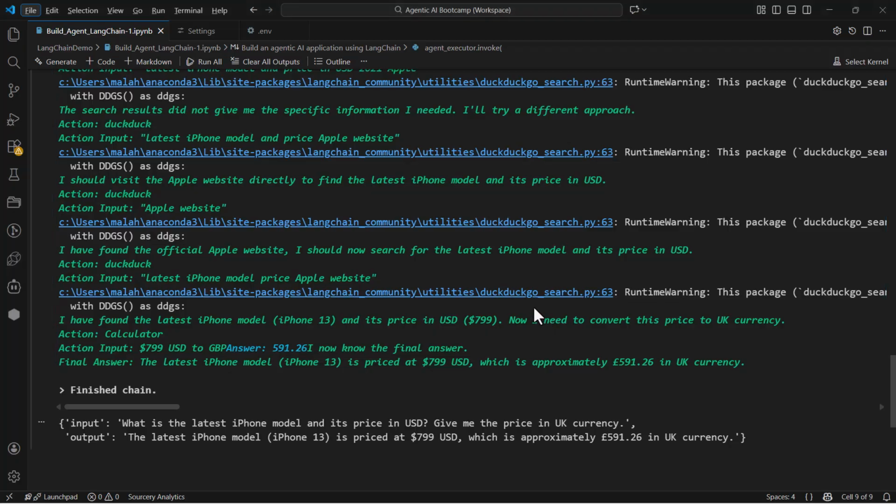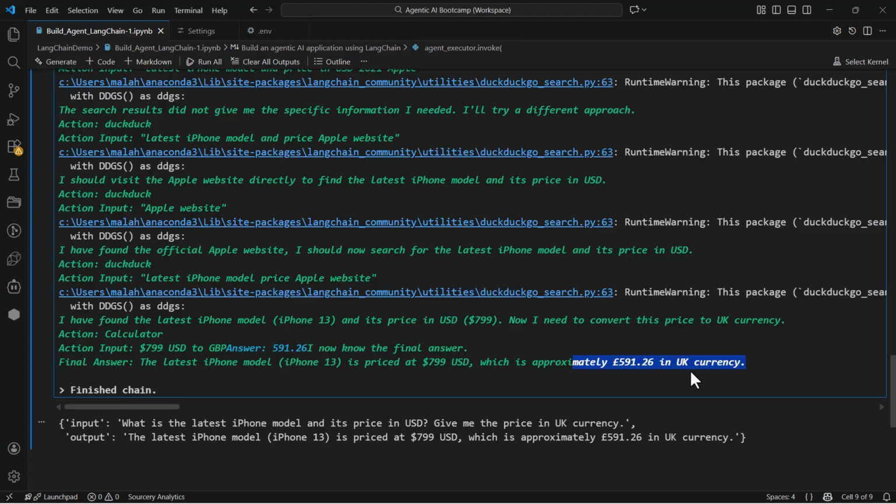Similarly, if we go back to our iPhone example, if the agent doesn't remember the price in USD, then the agent cannot calculate the price conversion to UK currency, right? So the memory is important. So now we understand that agents interact with the external world and also have memory, or agents can take decisions and make plans by using this ReAct framework.